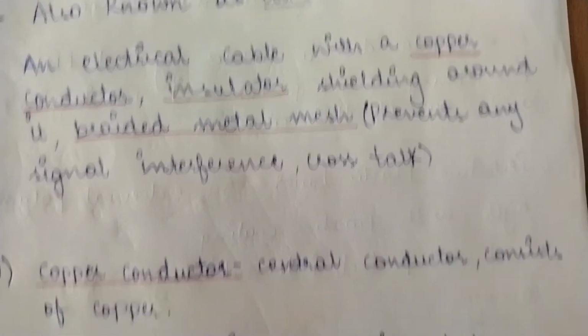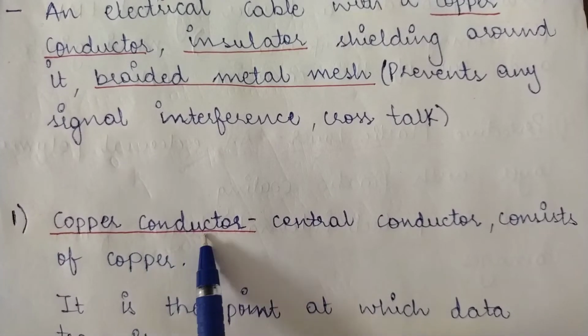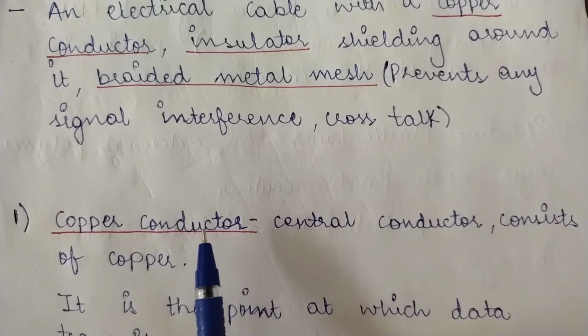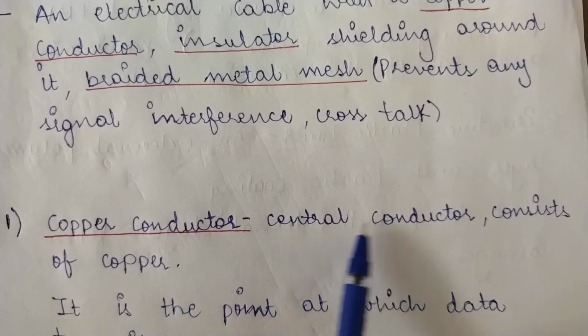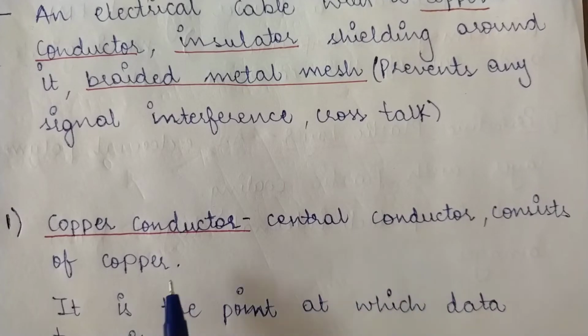So let's start with the innermost layering or the most important thing, that is your inner conductor or the copper conductor, right? This is the actual conductor, as I told you, which is responsible for the actual transmission of data, be it your voice or your video. Now this copper conductor is the central conductor or the inner conductor which consists of copper.